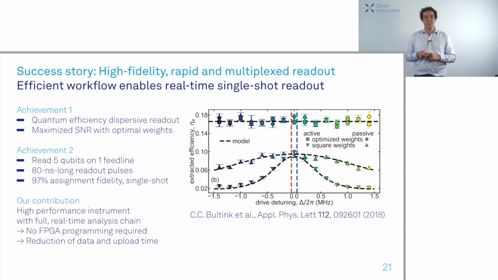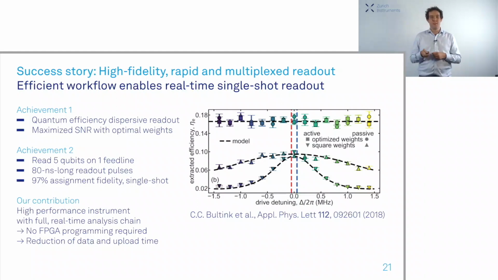The first one is Leo Di Carlo, and he used our instrument to measure the quantum efficiency of this dispersive readout, characterize different influences of noise, and also make sure that he can do the optimal readout using integrated weights.